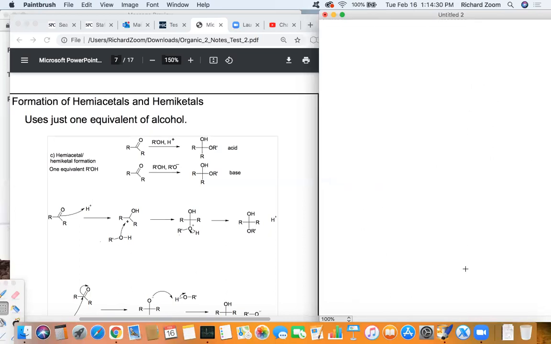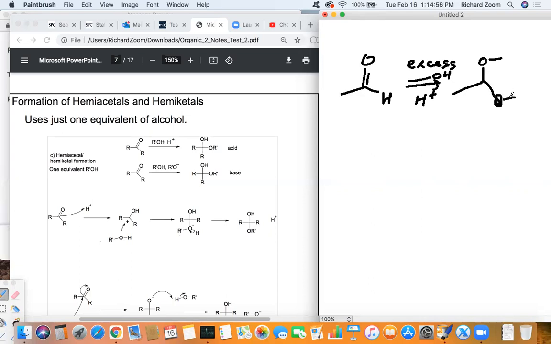Now, if we're dealing with an acetal, what we're doing then is we're taking the aldehyde and adding excess, or well, effectively 2 moles, but excess alcohol. And the product then looks like this. 2 alcohol groups end up connecting to the C that had the C double bond O. So let's look at the mechanism for that.